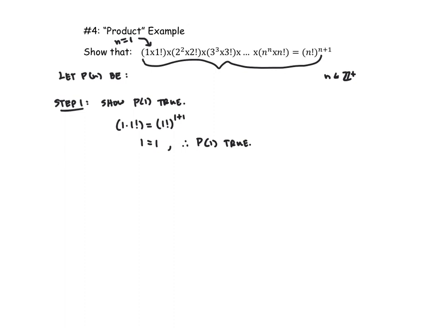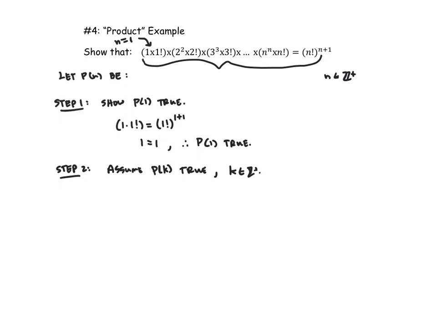All right, step 2. Our assumptive step, we're going to assume p of k is true, where k is in z plus, right?